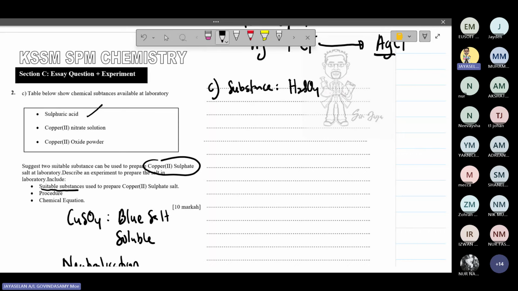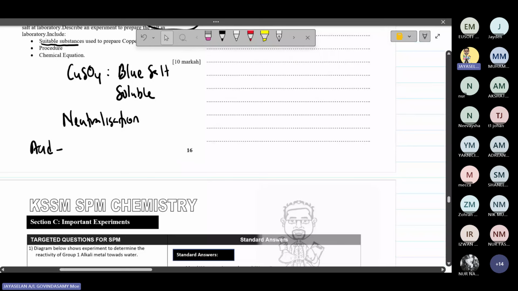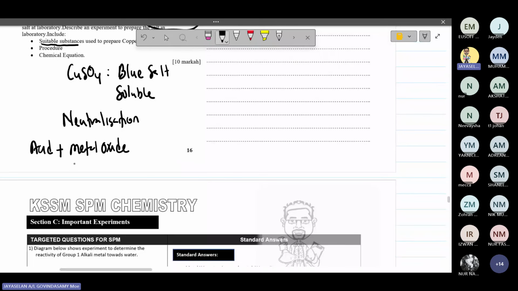Write it in words. To prepare it, one more: you can take a metal oxide or a metal carbonate. Only these you can take, nothing else.